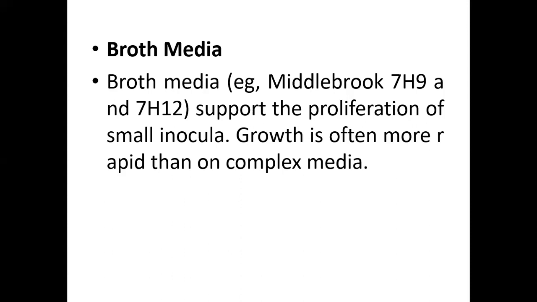So E. coli requires 18 to 24 hours to produce visible growth on culture media, while Mycobacteria require 3 to 6 weeks to produce visible growth, depending on the amount of bacteria in the inoculum.